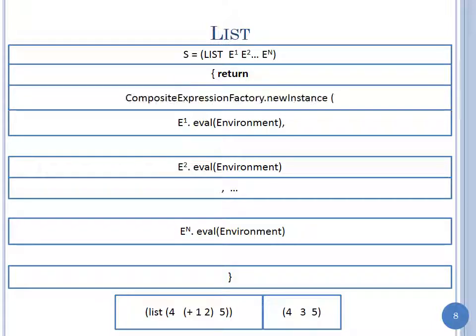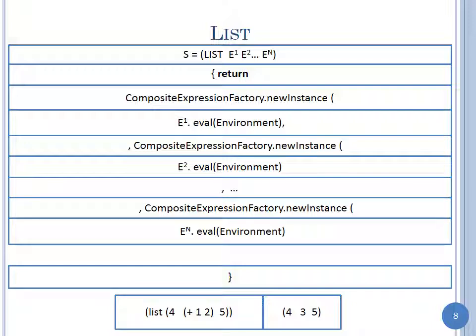So at the very top, I'll have to have a new instance, right? And that will take as an argument the very first argument, the first head E1, and then the second argument is where the recursion will happen. So I'll go and do another new instance and pass to it E2, and the last one will be the one before En, right?